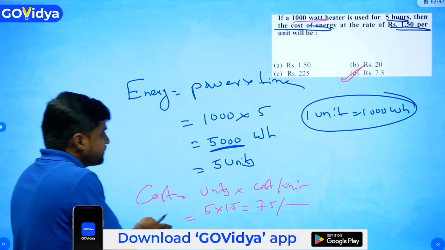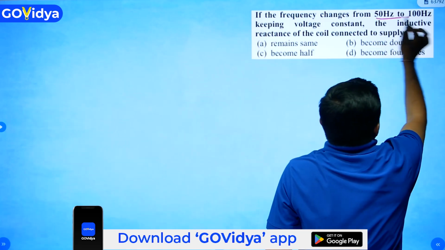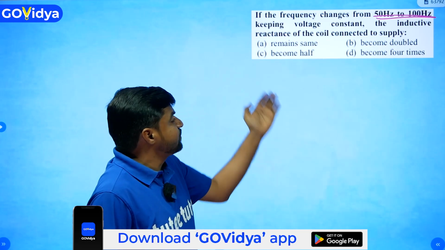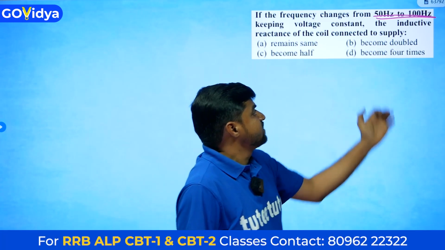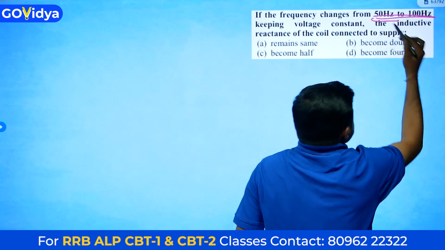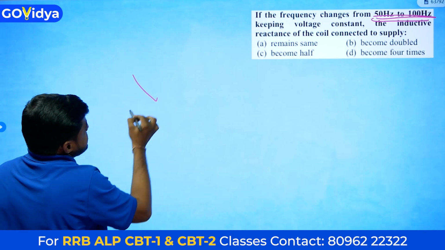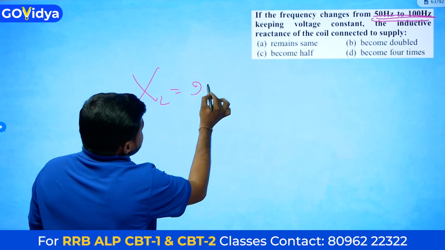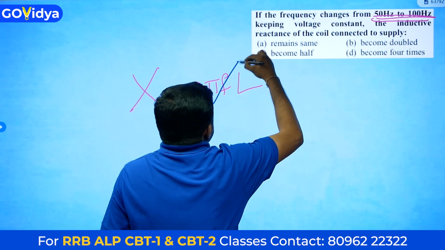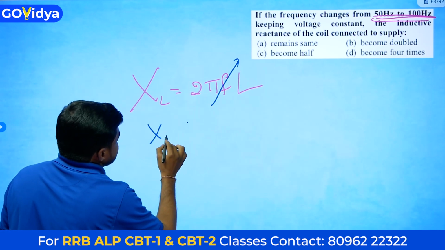Okay, next question. If the frequency changes from 50 Hz to 100 Hz, keeping voltage constant, the inductive reactance of the coil connected to the supply will be? We have inductive reactance XL is equal to 2 pi FL. Here frequency is varying, XL is directly proportional to frequency.